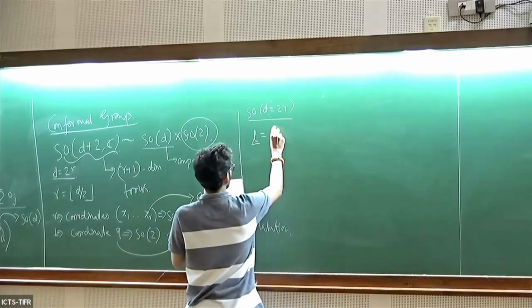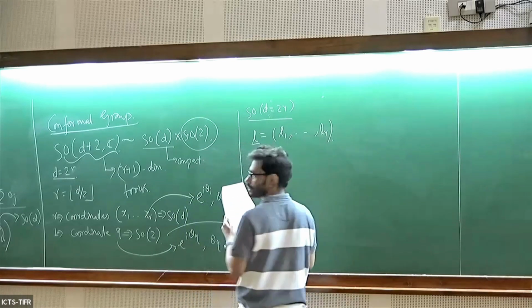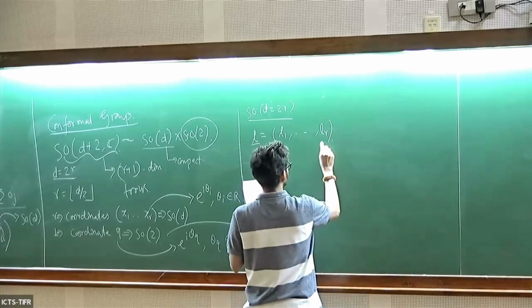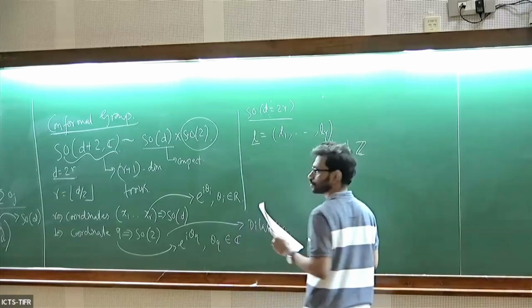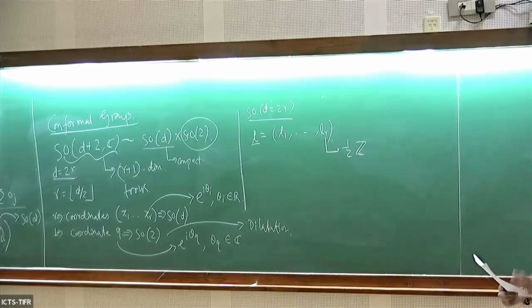So there we can define these, where all these L's basically belong to half integers. These are basically my spins, and these are the SO(D).